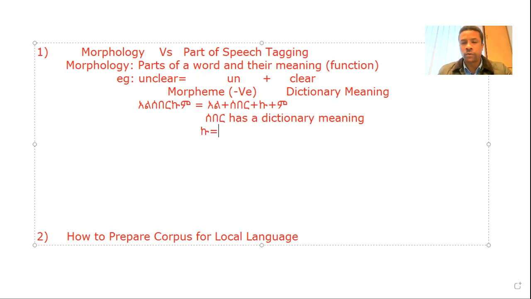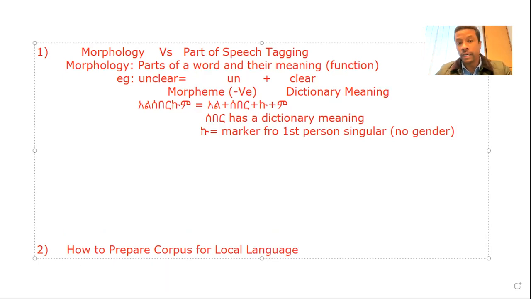This is what we call morphological analysis. When it comes to Amharic morphology, it is the marker for first person, singular subject with neutral gender or no gender. Because it doesn't show whether the subject is male or female.